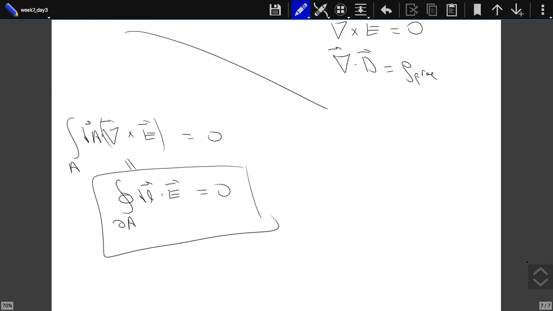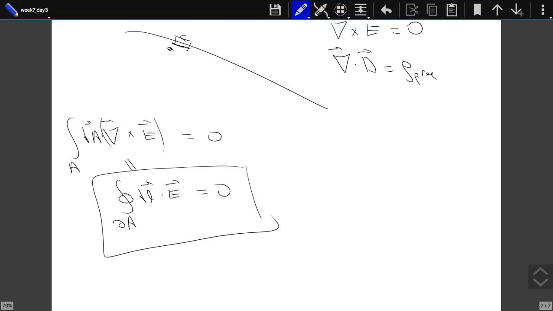Now let's come here. Let's imagine a very small rectangular loop such that the two opposing sides are on each side of this interface. And let's say you are going around that loop in that sense.